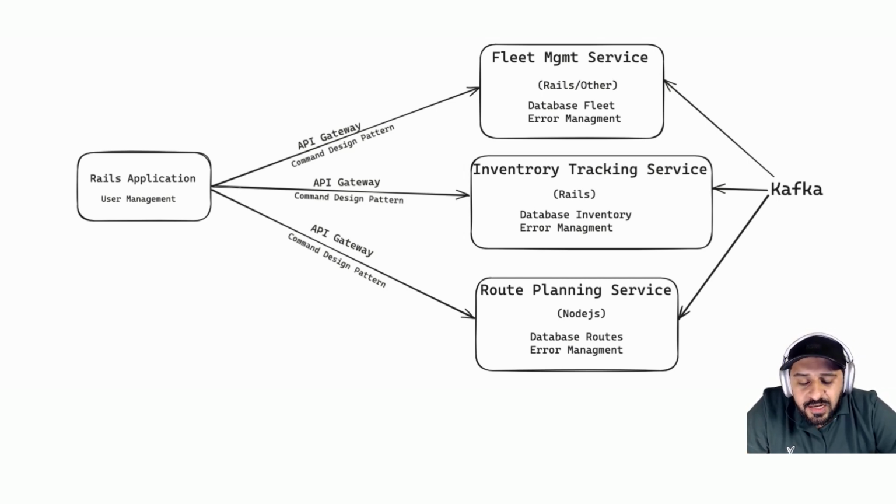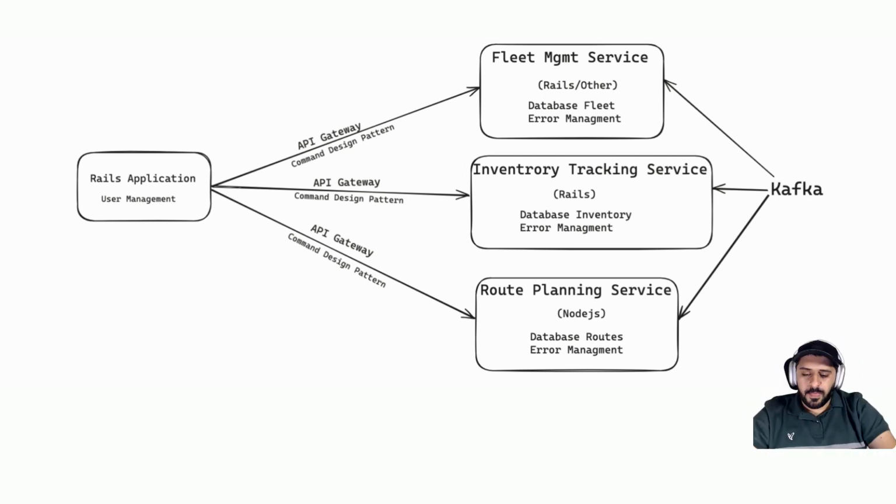Also, we are able to track the whole usability in terms of what it's doing and where it's heading towards, and what problems we are facing specifically for inventory, fleet management, or the routing service. In the middle, we implemented a small Ruby class library, you can say, for an API gateway, which was routing the whole API endpoints and requesting information from these services using the command design pattern.